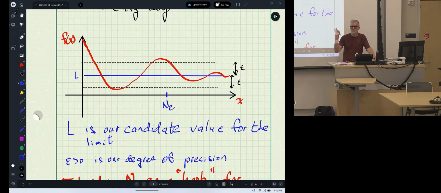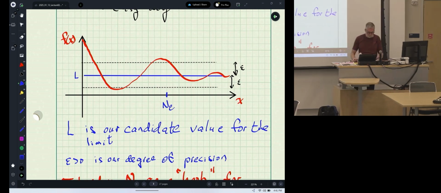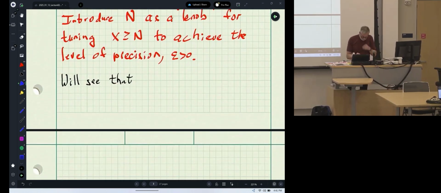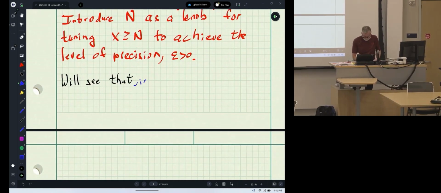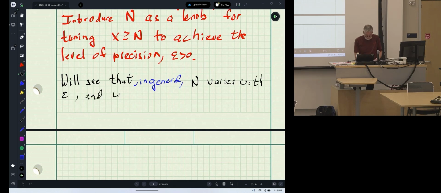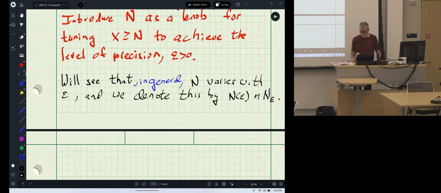Is that clear? Okay, so epsilon is the level of precision, and so we see that in general n varies with epsilon. And we denote this by either n of epsilon or n sub epsilon.